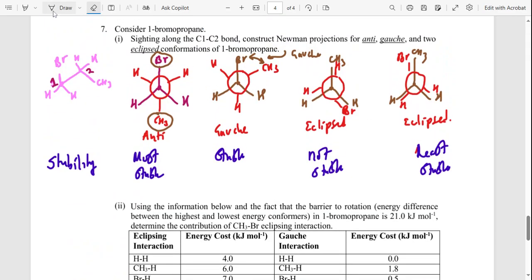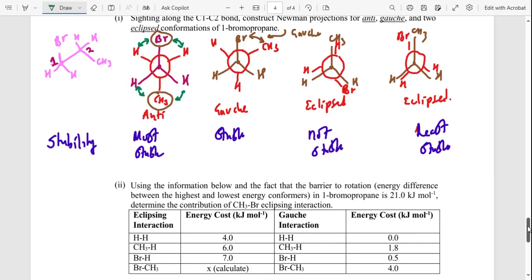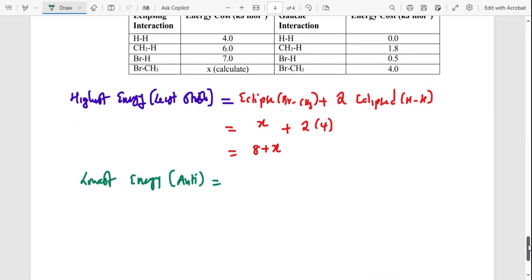So for this one, the only energies we are going to have is the gauche between hydrogen and Br, there are two of them, and then the gauche between hydrogen and CH3, two of them as well.